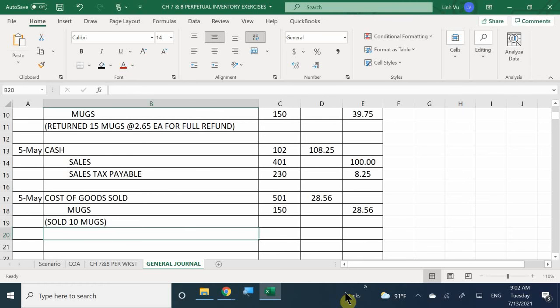You don't need to say the cost price, because it's pretty straightforward. If you sold 10 mugs and it cost you a total of $28.56, you can just take $28.56 and divide it by 10. That's information you don't necessarily need to add in here. You can if you'd like, if you want to be more detailed, but in this case it's pretty obvious. So here I sold 10 mugs.